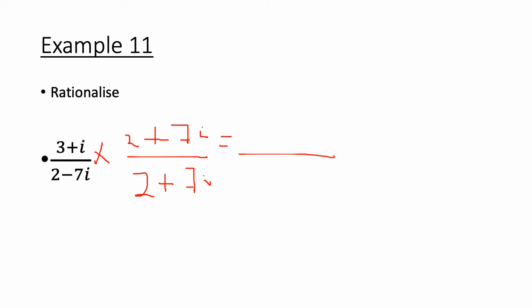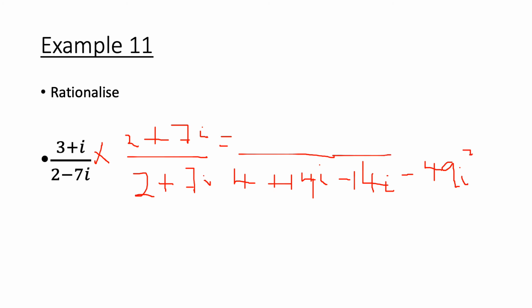And then I've got plus 14i minus 14i. And then I've got minus 49i squared on the bottom, which we can simplify in a second.